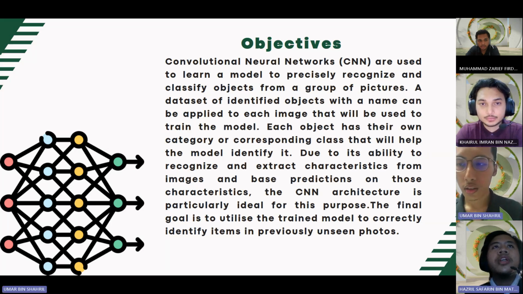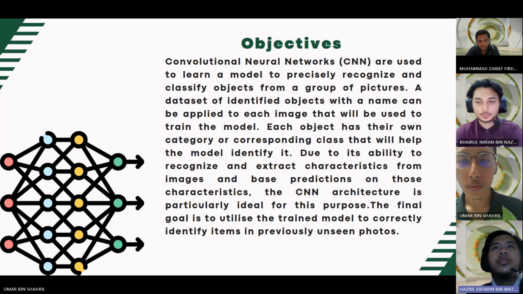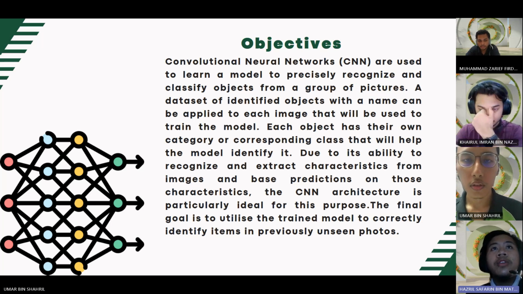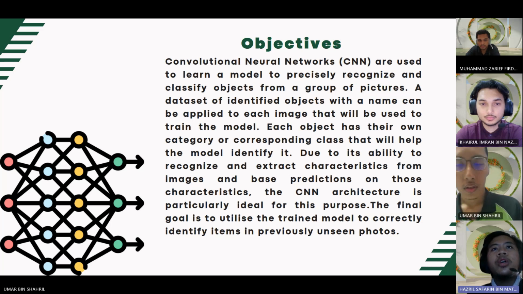For the objective, convolutional neural networks (CNN) are used to learn a model to precisely recognize and classify objects from a group of pictures. A dataset of identified objects with a name can be applied to each image that will be used to train the model. Each object has its own category or corresponding class that will help the model identify it.